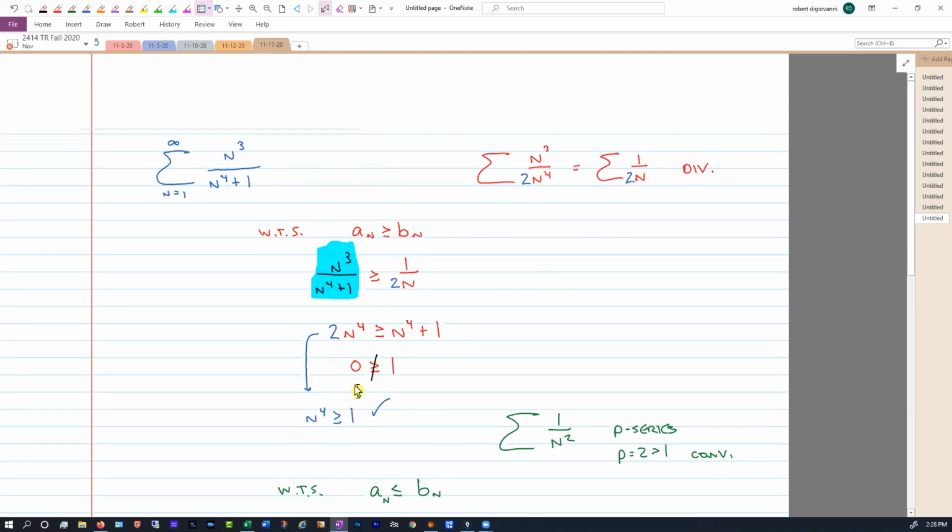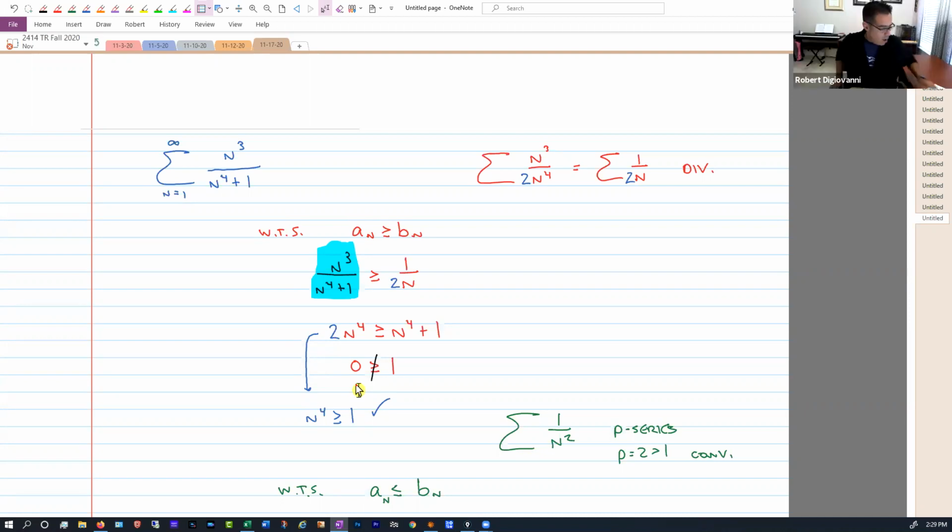What if instead of reverse engineering it, I take n cubed divided by 1? You want to do this compared to just n cubed.